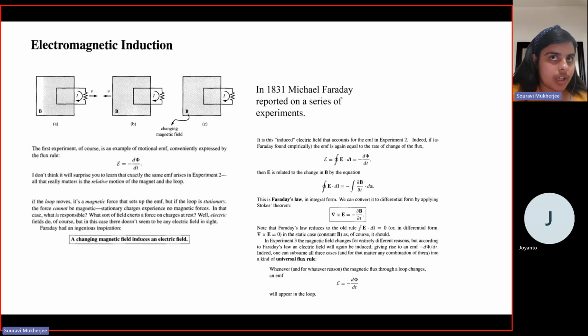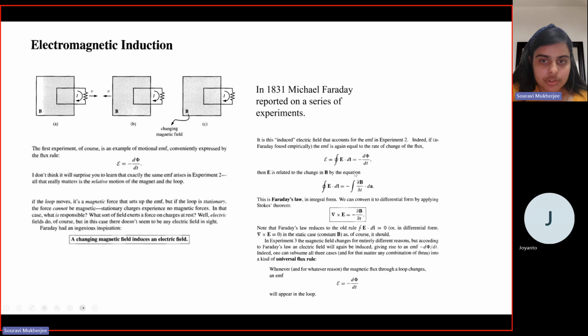How do we understand that? That led to the idea that because of this changing magnetic flux, an electric field is generated. So this led to the concept that a changing magnetic field can induce an electric field, and it is this electric field which results in this force and the induced current.